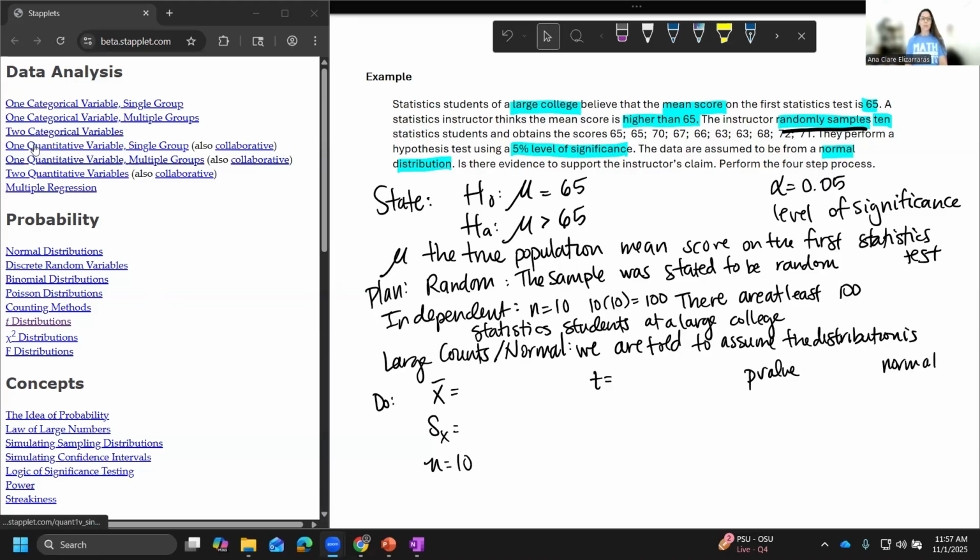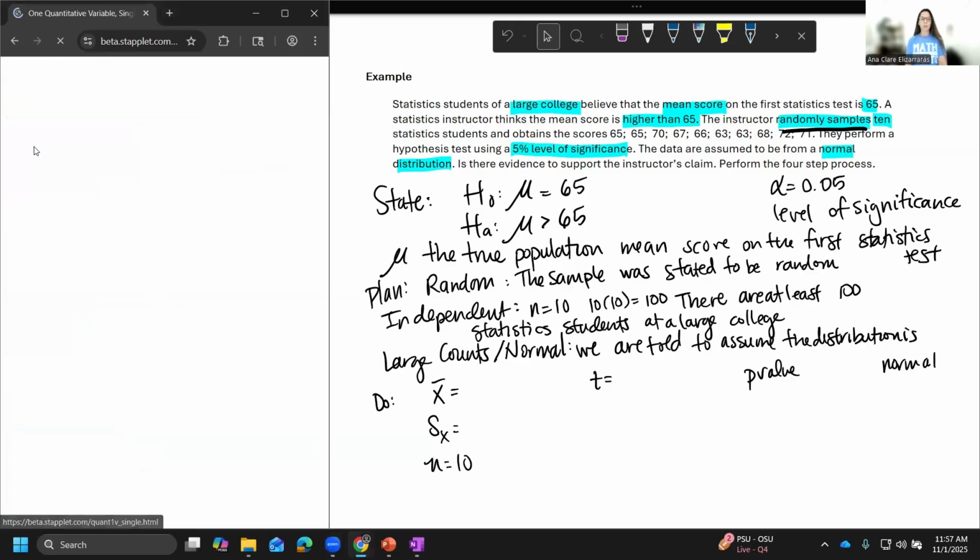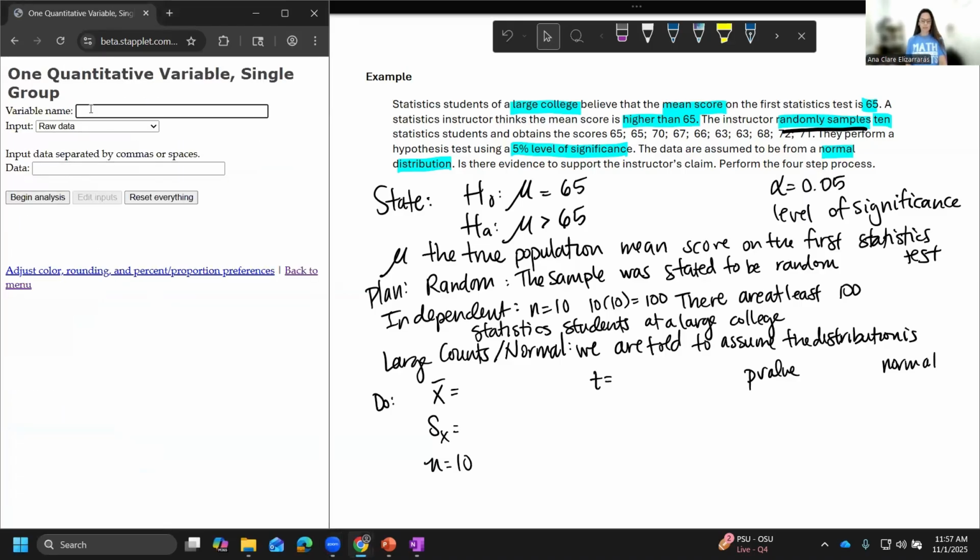We're going to go into one quantitative variable, and this is first statistics test scores. And I'm using raw data because I have the actual scores. If you were to, you can use the mean and the standard deviation or the 5-number summary to help with this. We're going to use raw data.